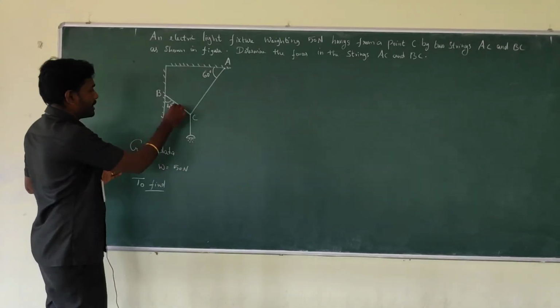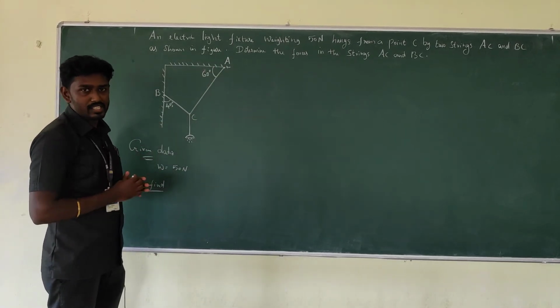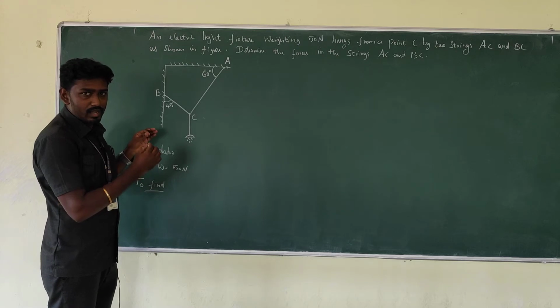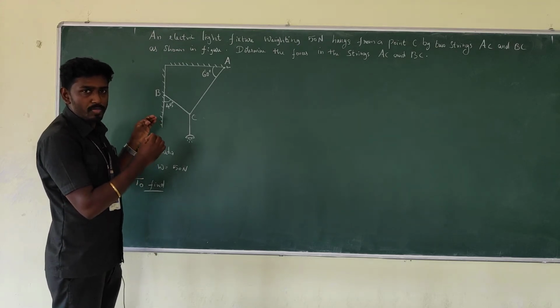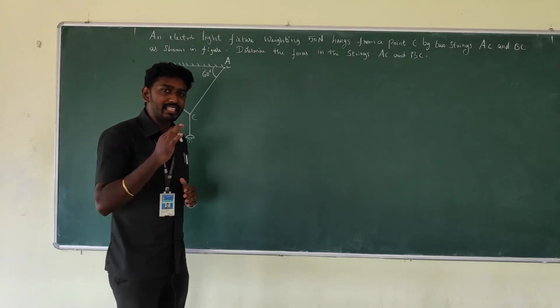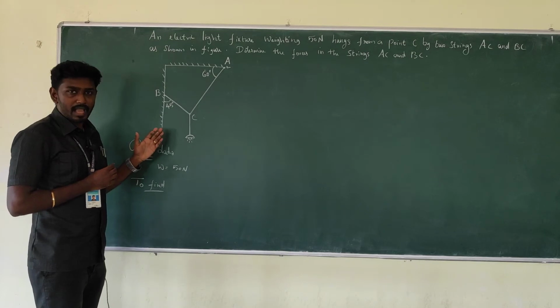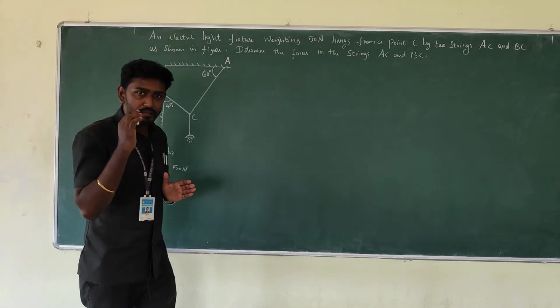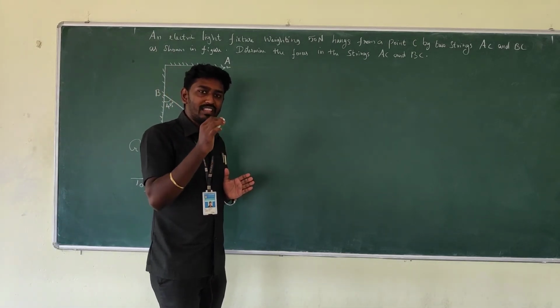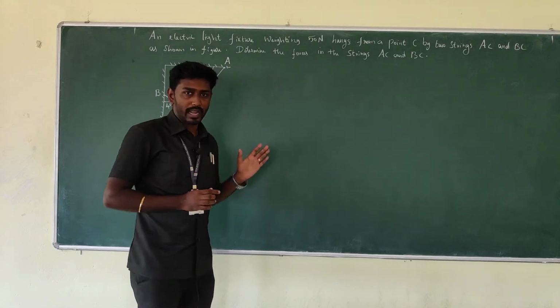Here, BC and AC are tied with the help of a string. Whenever a string is tied between two bodies or two regions, there will be a tension force. Always, whenever the string is tied, with respect to the point, the tension force goes outwards.